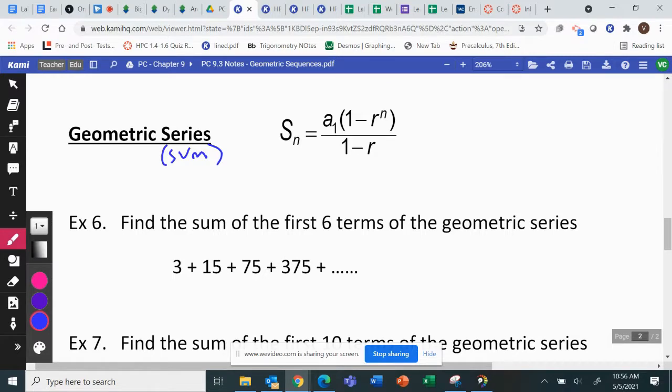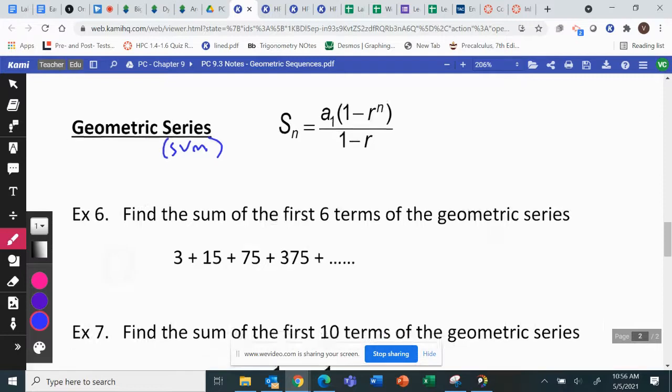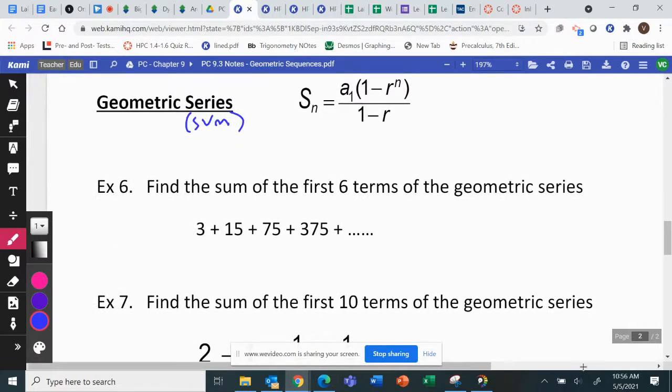So find the sum of the first 6 terms of this geometric series. So we have our first term, 3, multiplied by 1 minus, so I need my common ratio. So we'll do 15 over 3, which is 5. So we do 1 minus 5, and we do that to the number of terms we're doing, which is 6, over 1 minus 5.